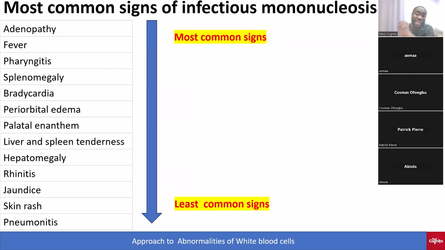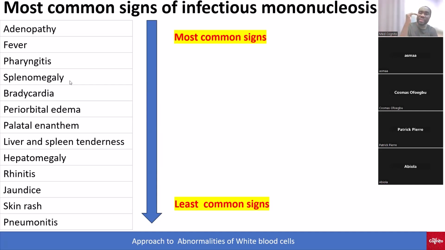In fact, some literature say that adenopathy can be found in almost everybody who presents with infectious mononucleosis. So the most common ones are adenopathy, fever, pharyngitis, splenomegaly. And then how common the signs are start decreasing as you go down this list.